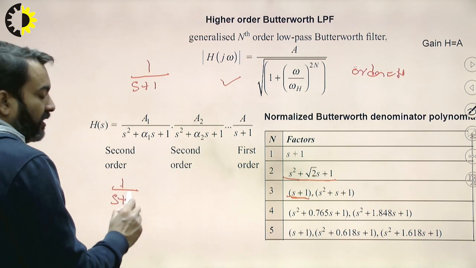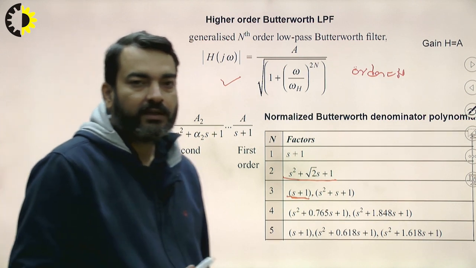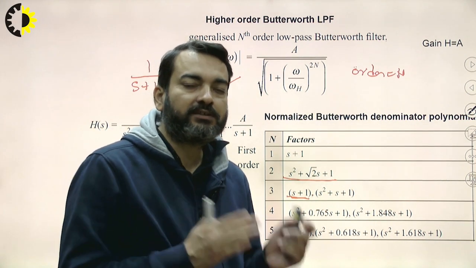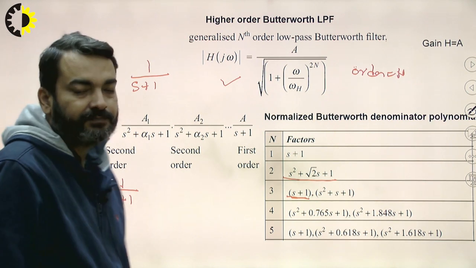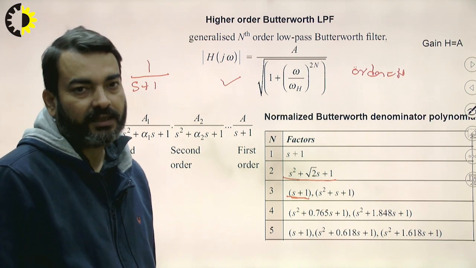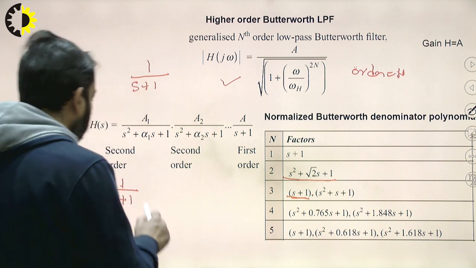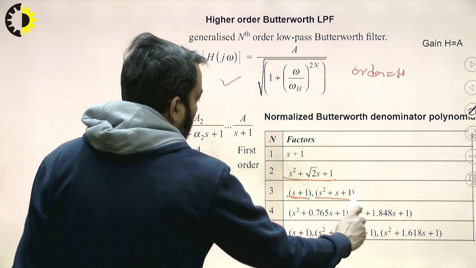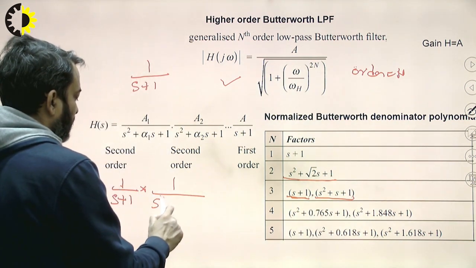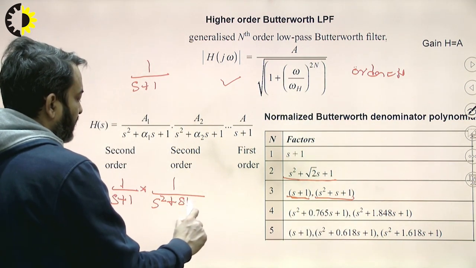Let's say we have to realize the third order Butterworth. In that case, we will cascade one first order low pass filter having transfer function 1 upon s plus 1, and another second order low pass filter with transfer function 1 upon s square plus s plus 1.